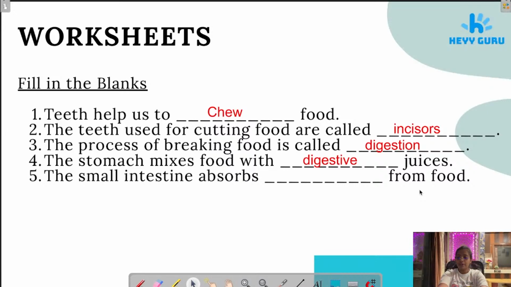All the important things from your food. What are those? No, juices is not a correct answer. No, no. Small intestine absorbs what from food? I think you didn't understand all the functions.